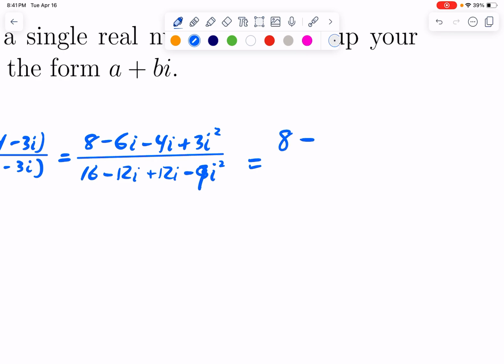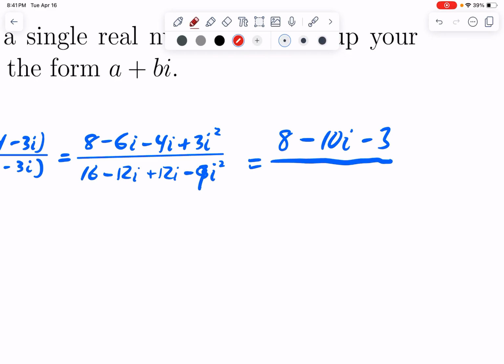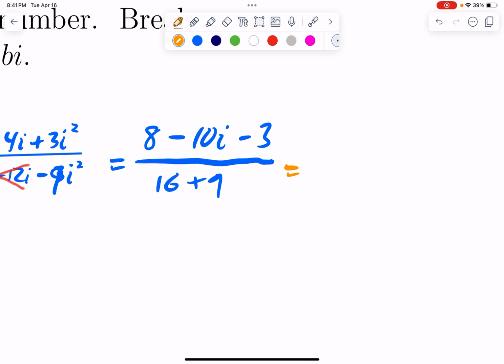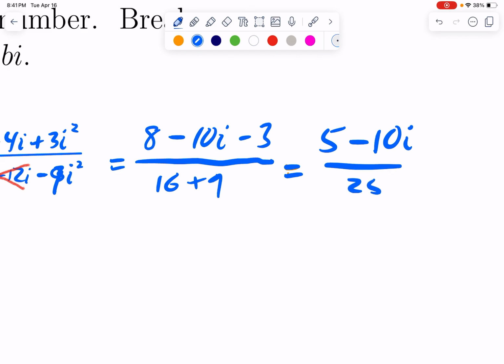Here I would have 8 minus 10i, and 3i squared is actually negative 3. Here, as planned, if I did this correctly, the imaginary things just cancel. This is 16. This is actually positive 9 because i squared is negative 1. So let's keep going. In the numerator, I have 5 minus 10i. In the denominator, I have 25.